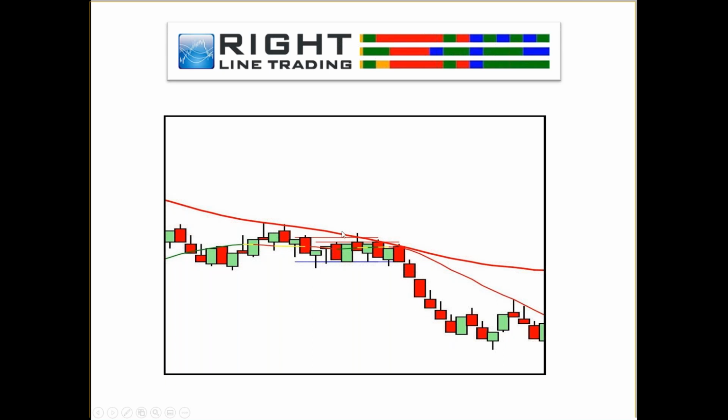Now, you're going to get consolidation patterns where there is no defined trend. There's no trade on that break. But when there is a defined trend, you're almost always going to get the break at a consolidation to the downside.